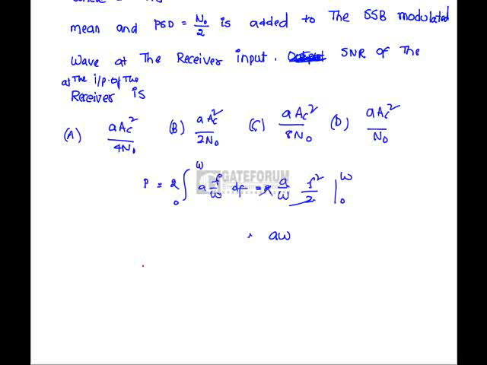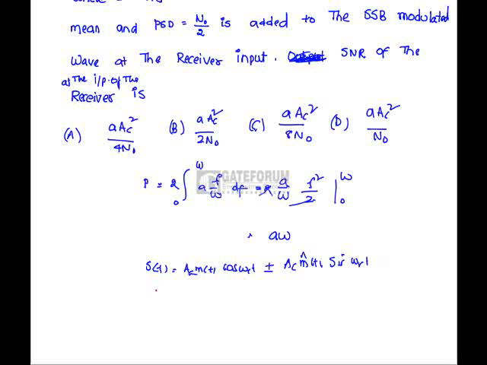At the input of the receiver, the signal is an SSB signal, whose standard form is S of t equals m of t Ac cos omega c t plus or minus, plus for LSB and minus for USB, Ac m cap of t sin omega c t. This is the standard form of the SSB signal.